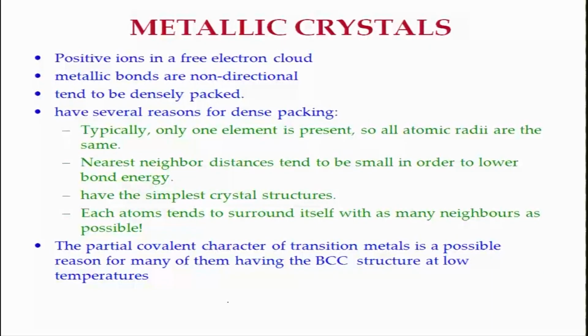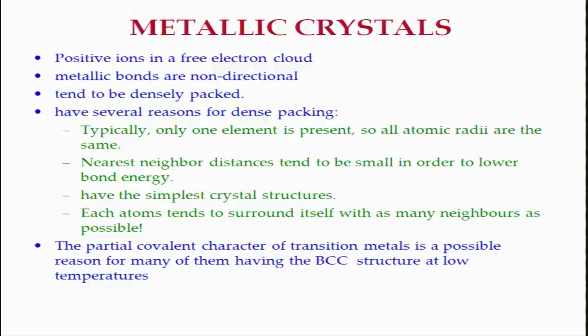Metallic crystals can be defined as having positive ions, and the positive ion cores are surrounded by a free electron cloud. Metallic bonds tend to be non-directional in nature. In case of covalency, because electrons are located in certain orbitals and orbitals have a particular shape, there is a very strong directionality with covalent bonds, but metallic bonds do not have directionality.